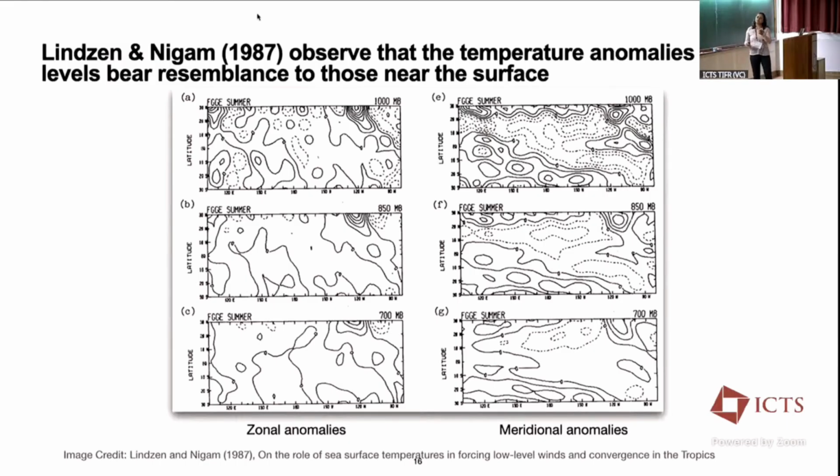That led them to develop a model which accounts for sea surface temperature gradients in the Ekman balance model. I don't know if that is very obvious from these plots, but you see that the large-scale features are somewhat replicated as you go higher and higher up in both derivatives.